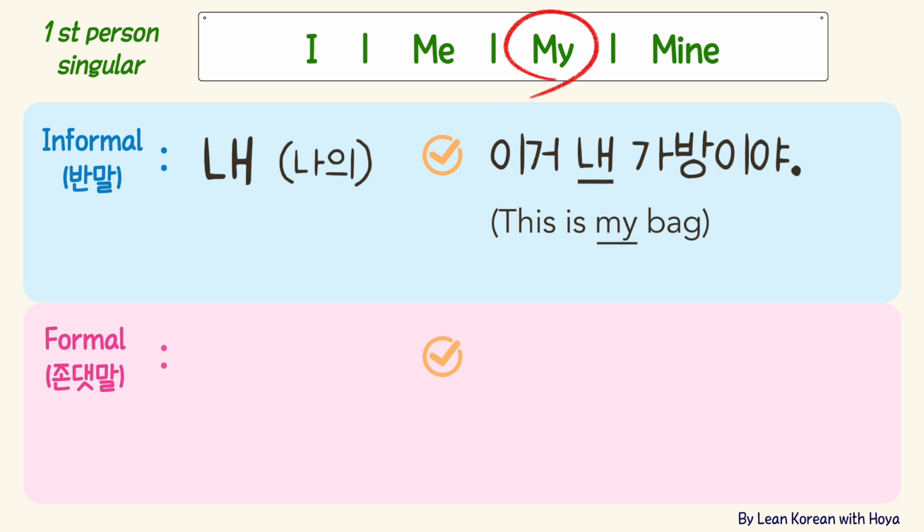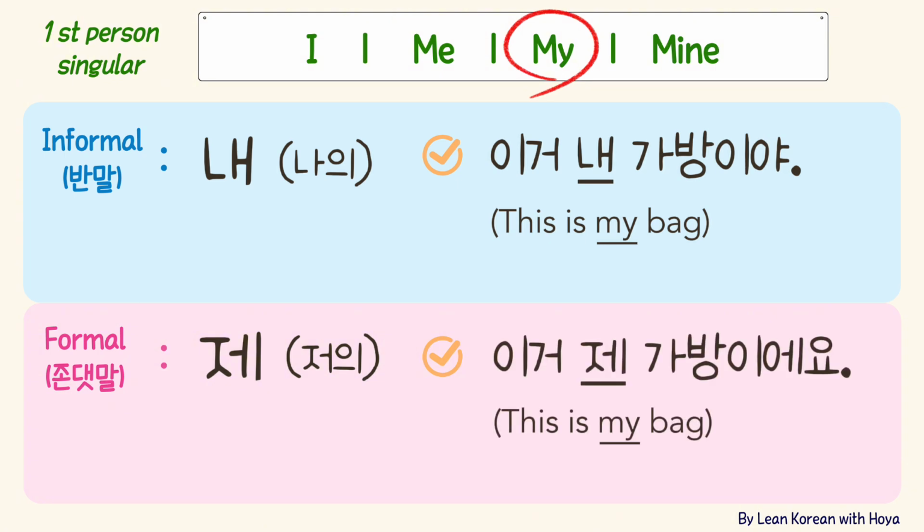The formal version is 제, and 제 is a short form for 저의. This is my bag. 이거 제 가방이에요.